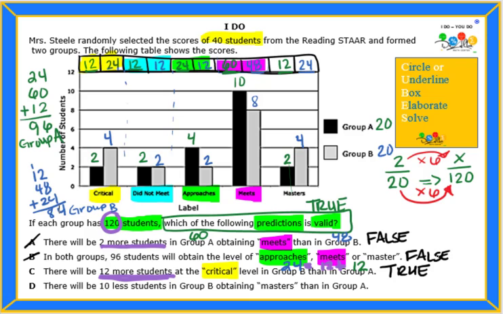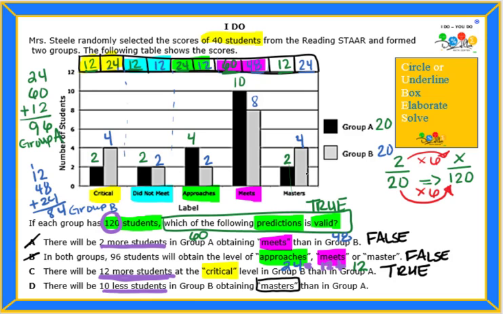Looks like we found our answer, but let's check our last one just to be sure. There will be 10 less students in group B obtaining masters. Masters we left clear with no highlighted color, the last 2 bars here.